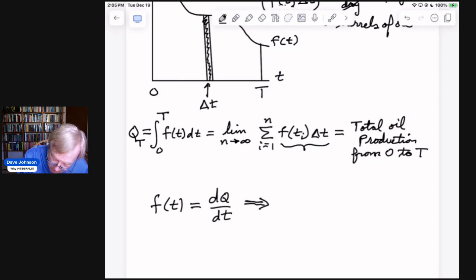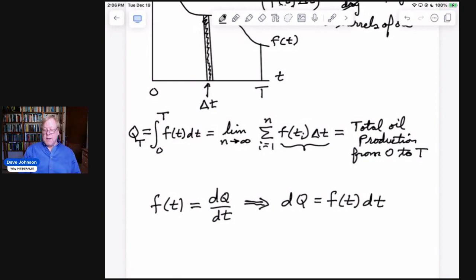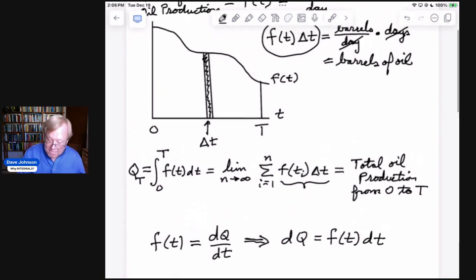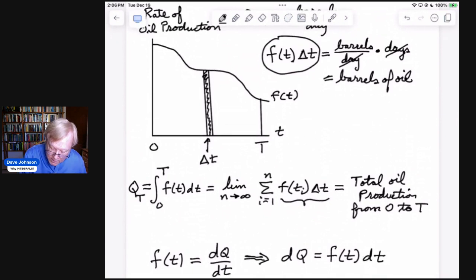And so if I multiply both sides by dt, I get dQ is equal to f of t dt. So when you see a function as an integrand, that can always be interpreted as a rate. Always.